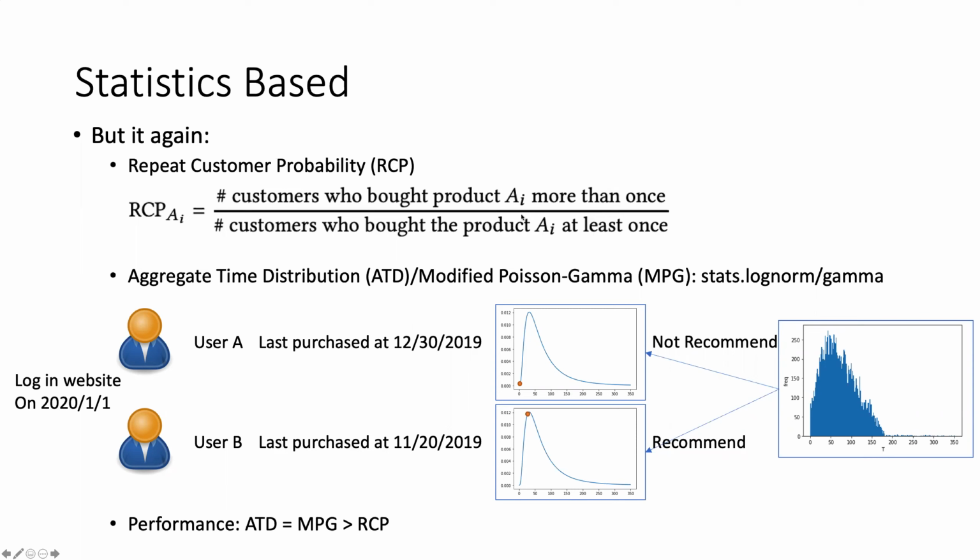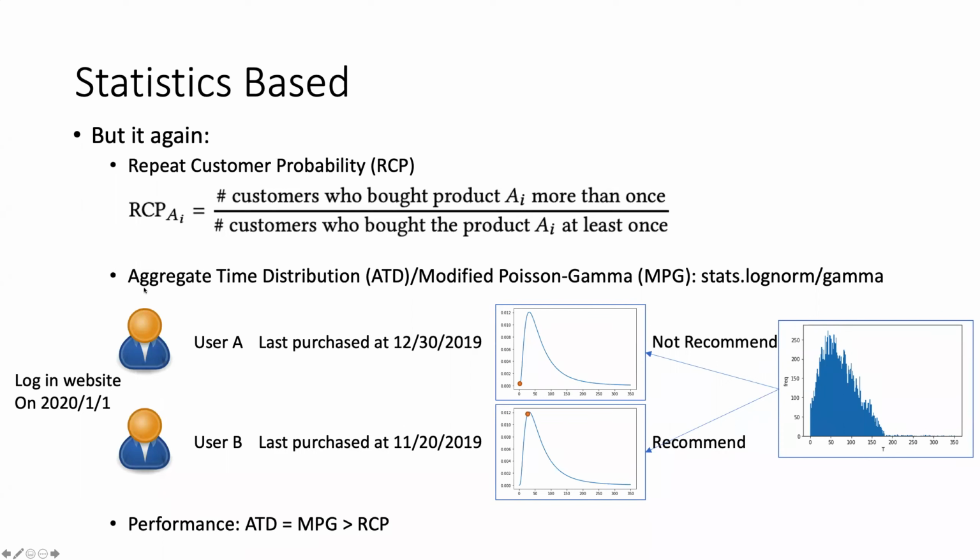That means for all the people who purchase A, how many of them purchase more than once? So that means this is something frequently purchased multiple times, which means people come back to buy again. And this RCP doesn't give very good performance. So most of the time we use this as a threshold to filter out items that are never purchased again or have a very low purchase-again rate. Yeah. So the more important ones are this ATD and this MPG model.